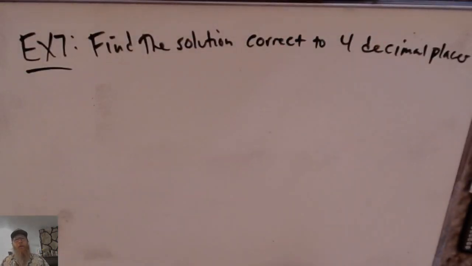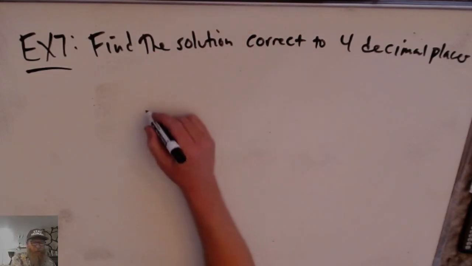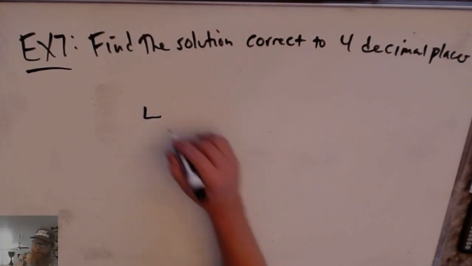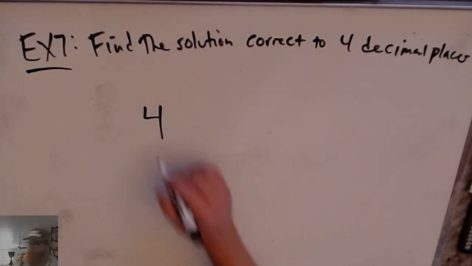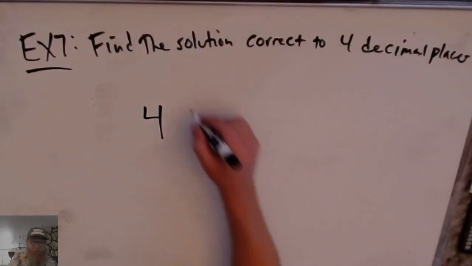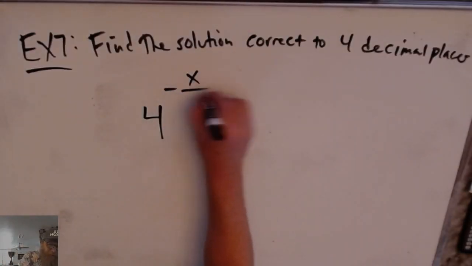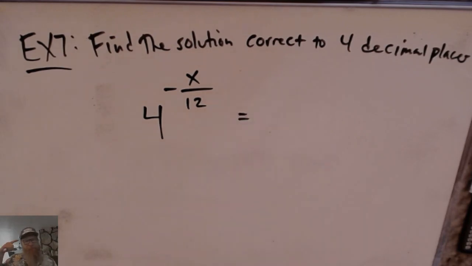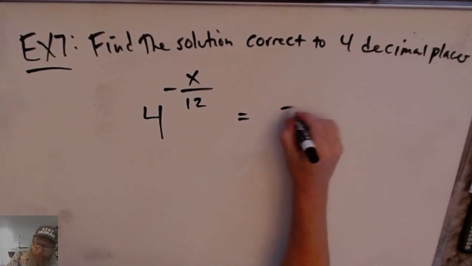There we go. Good. All right, so find the solution correct to 4 decimal places. 4 to the negative x over 12 is equal to 5.